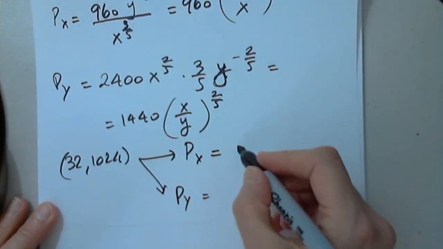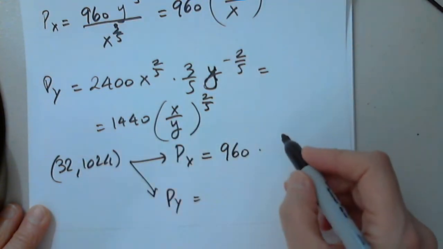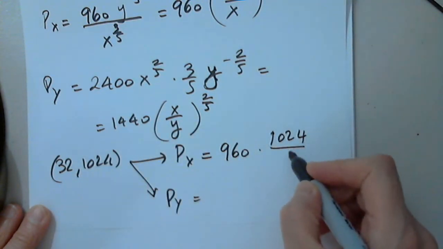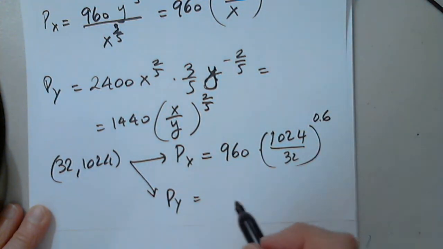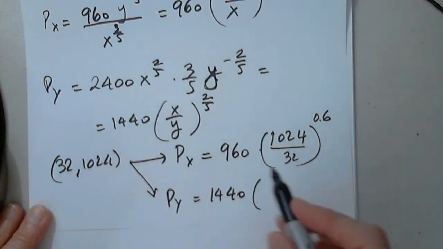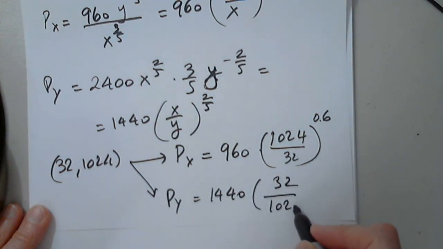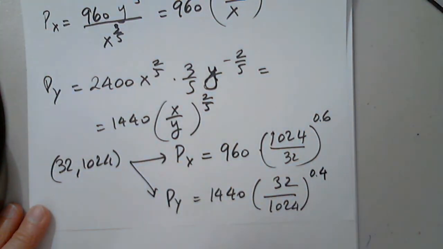For the first one, I'm going to write it here anyway: y over x, so 1024 over 32, everything to the 3/5 or 0.6. And this one is 1440, but this time it is 32 over 1024, and 2/5 will be 0.4. Okay, I can do this without a calculator.